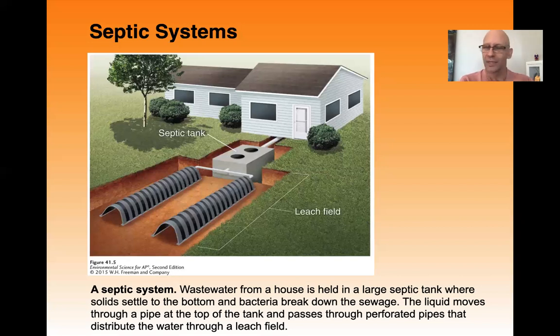The water that's on the top of the tank is pushed into what is called a leach field. And that leach field spreads that water out over the soil. And then the bacteria that are in the soil process any of the waste that is left in that water. And so the benefits of a septic system are you're using nature essentially to clean the water.